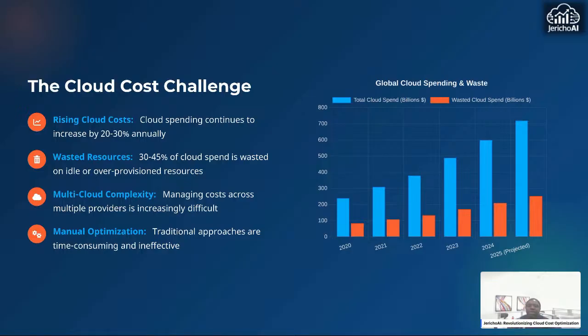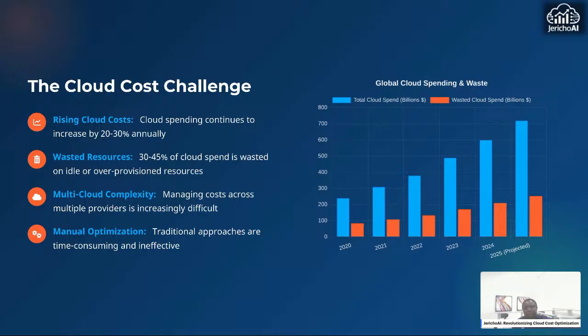And then we also see that over 30 to 45% of cloud spend is actually wasted on idle resources or over provisioning, even what we call underutilization, that needs to be right sized in a best practice way. Another thing we have seen is multi-cloud complexity.